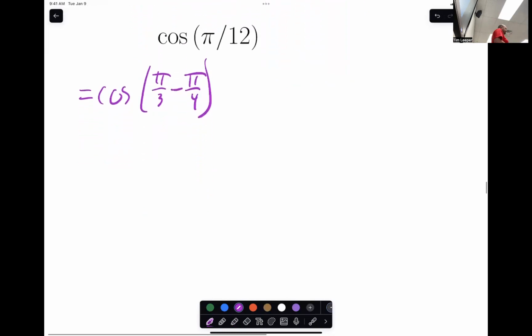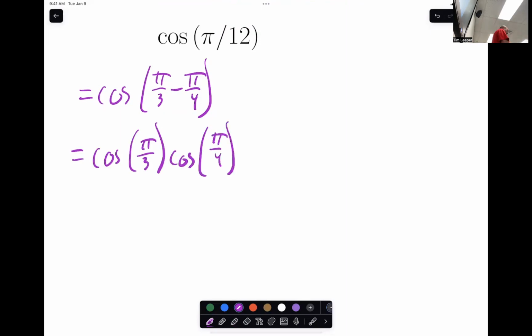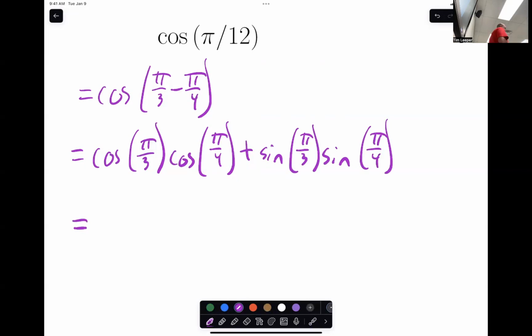Now I'm just going to use the cosine of a difference formula. So this is going to be cosine of the first one, pi over 3, times cosine of the second one, pi over 4, and then plus sine of the first one, pi over 3, times sine of the second one, pi over 4. Now let's figure this out.